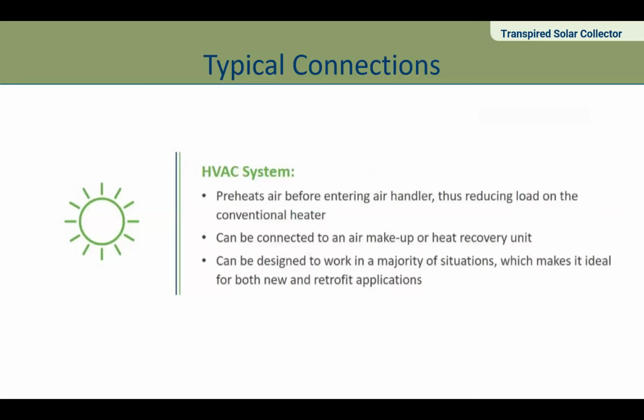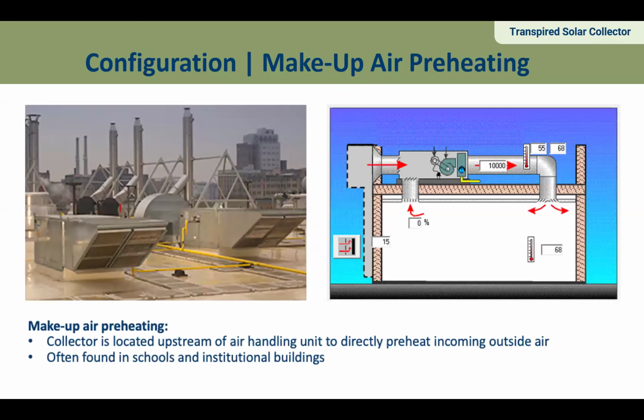That requires less energy to heat the air up and reduces the wear and tear on the HVAC system itself. You can have it in air makeup or heat recovery units as well to further enhance the efficiency of the system.